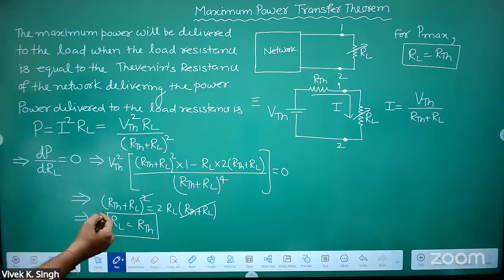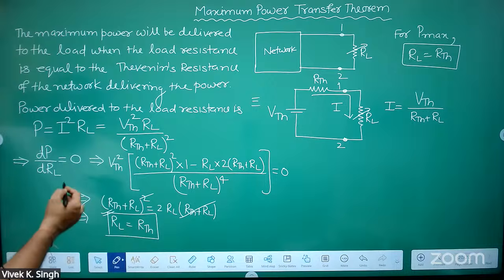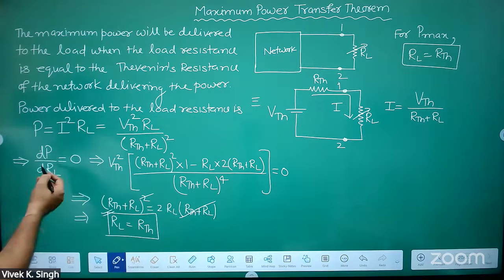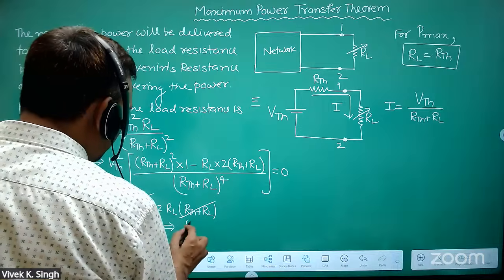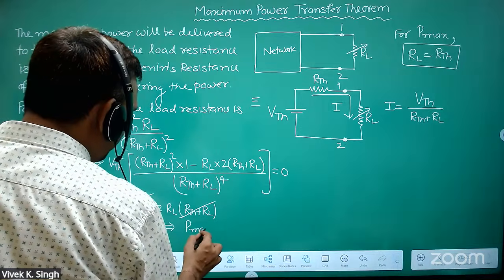And you will see its second derivative will be negative. If you take further derivative of dP by dRL, that will be negative. So at RL is equal to RTH, you will get maximum value.